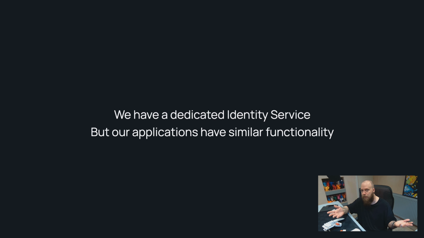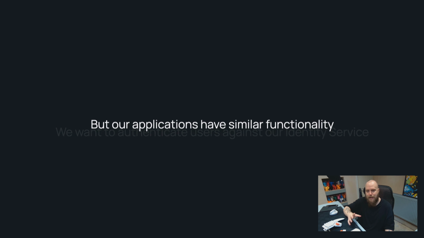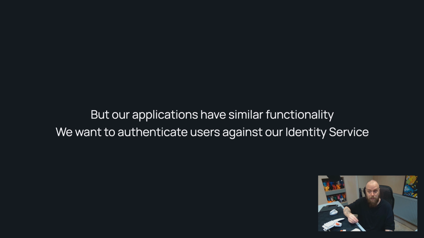Kind of normal, right? So each one wants to be able to talk to the identity service. We want to authenticate all of our users against the identity service so that someone who uses API insights, for example, they don't need a whole new account to log into Treble. Or a user of Treble doesn't need a whole new account to log into API insights.